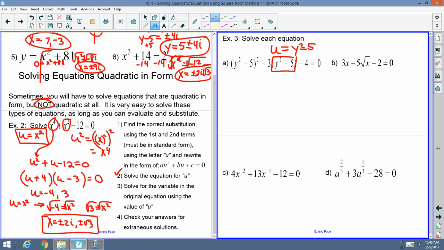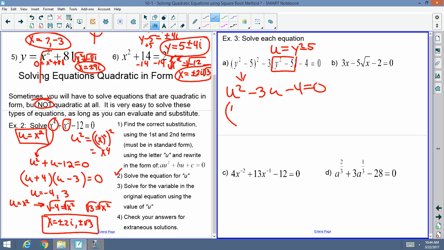Well, if that's my u, don't I have y squared minus 5, squared? So isn't this term right here my u squared? Minus 3u minus 4 equals 0. Does everyone understand how and why and where I put that u? Everyone sees that? Okay?